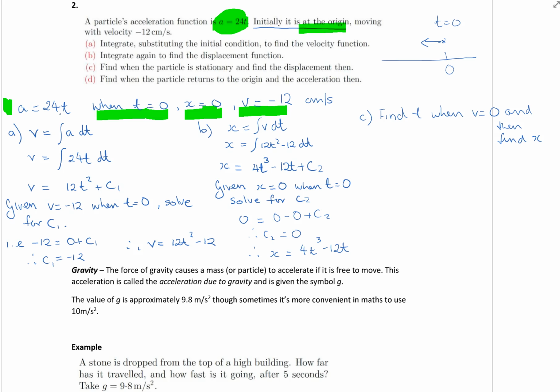I don't know how far negative it will get, but it would stand to reason that the particle would eventually stop, and because it's got the positive force on it, it will head back in the positive direction. Okay, let's see what part A asks.